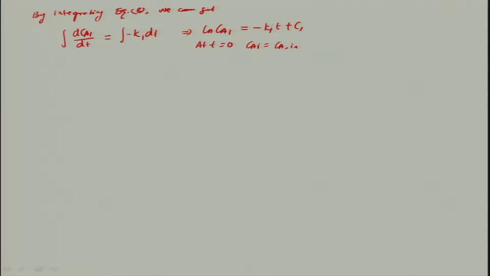So at t equals 0, this term will be 0, and then C1 will be basically ln CA1 initial. So from this I can write CA1 equals CA1 initial e to the power of minus K1 t.